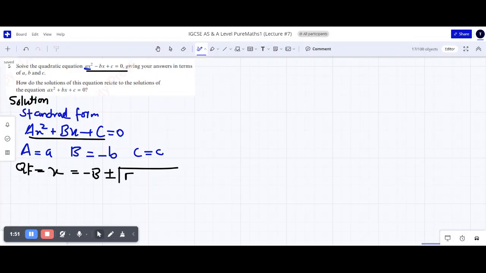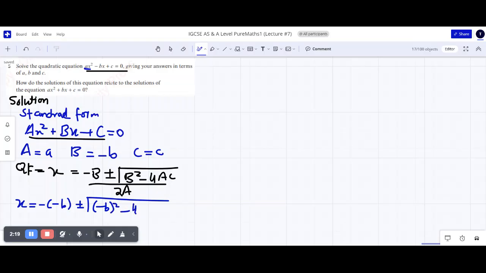So we will substitute the values in the formula: x equals minus, minus b, plus minus root of minus b whole squared minus 4ac, divided by 2a.